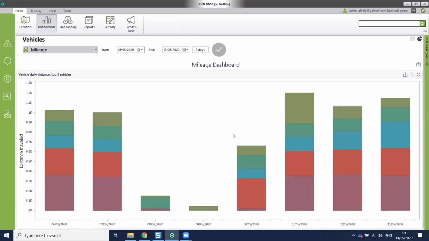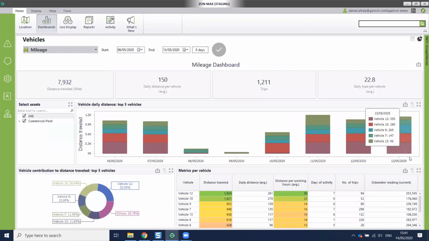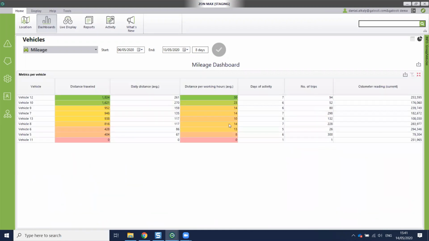So you have two pieces of information here. You can see the overall distance covered by all the vehicles, and you could also view this on a vehicle-by-vehicle basis. You also have this information in the table below: for each vehicle how much distance was traveled, how many trips were done, and what was done with turn reading.